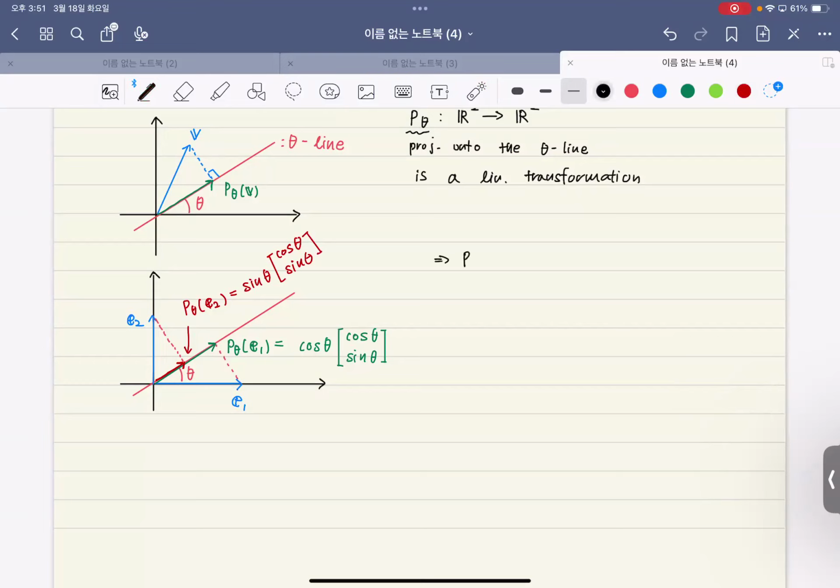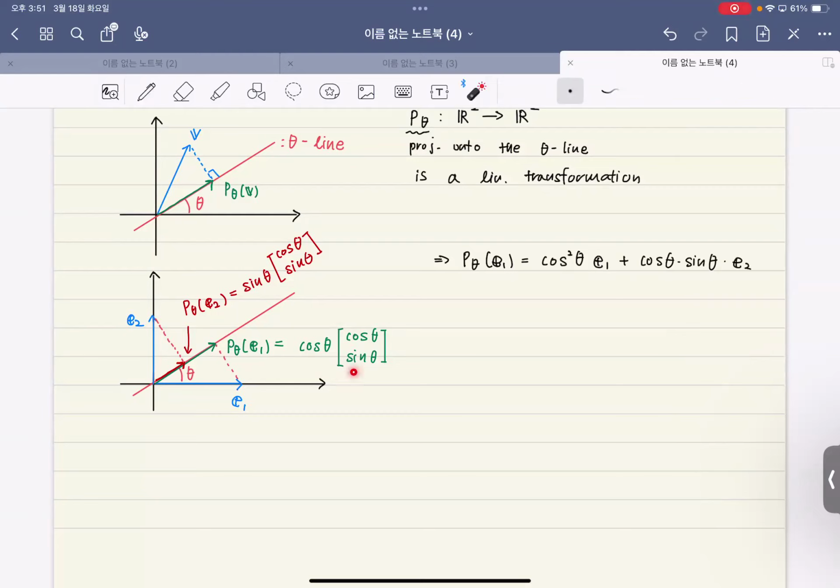Okay. So P theta of E1 is, maybe I should write it down, cosine squared times E1 plus cosine times sine times E2.